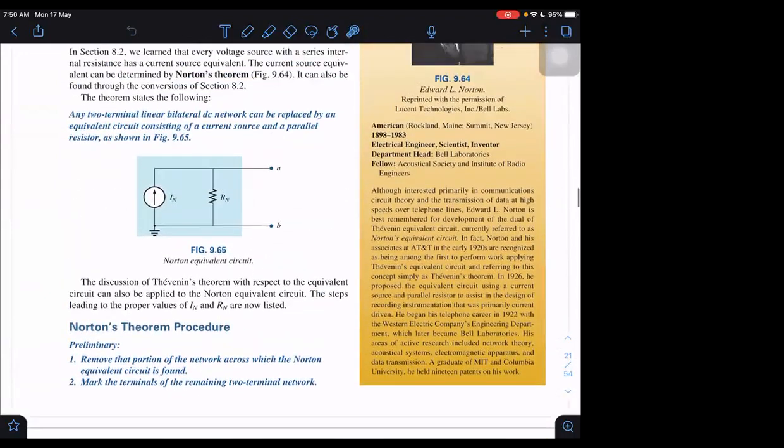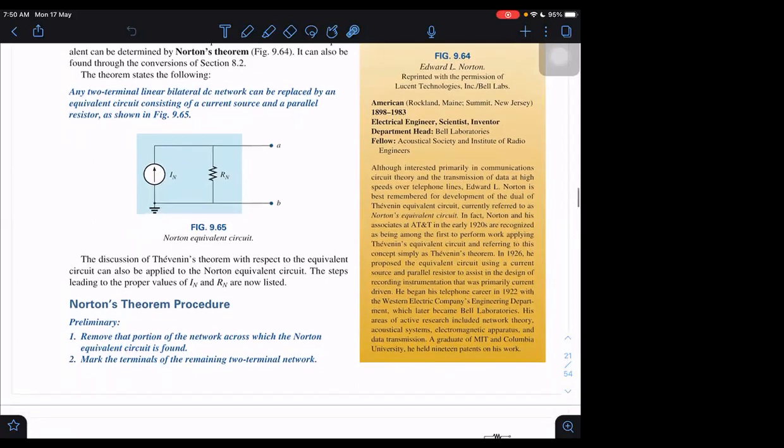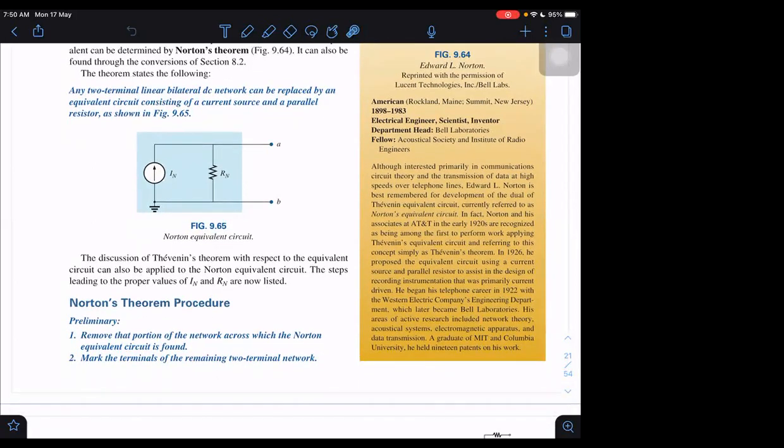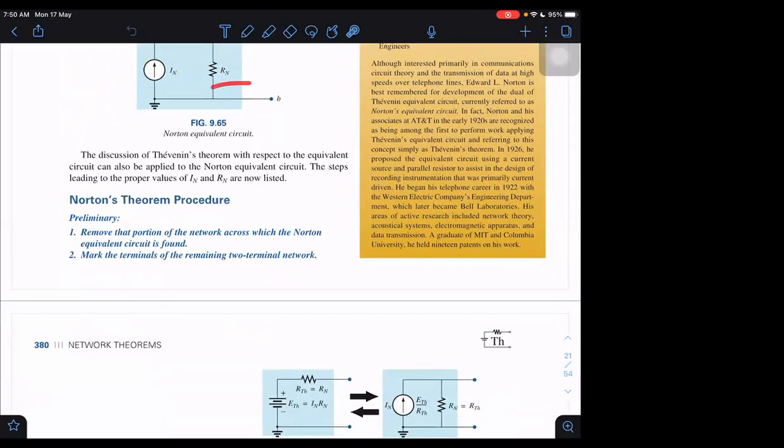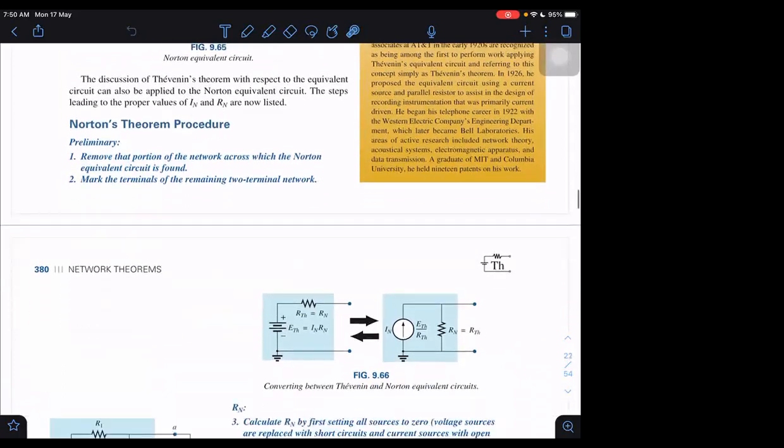Then Norton's theorem. In Norton's theorem, we can replace the entire network by a current source and a resistance in parallel. Norton's resistance in parallel. There is a relation between Thevenin's resistance and this Norton's resistance. These are equal actually. This resistance is equal to the Thevenin's resistance.